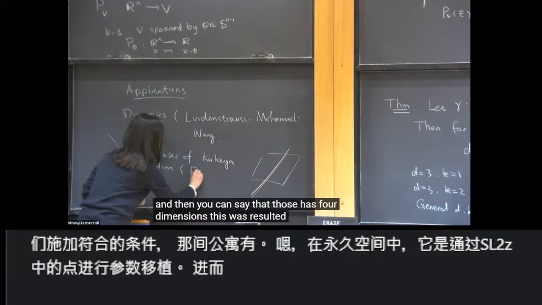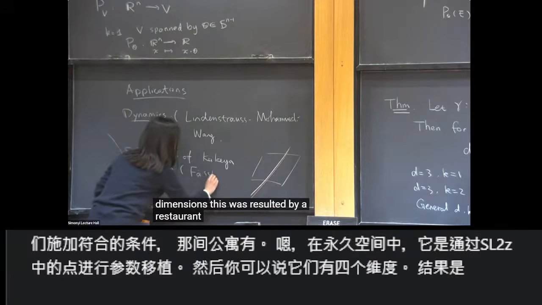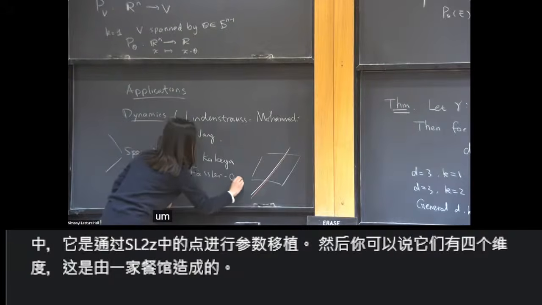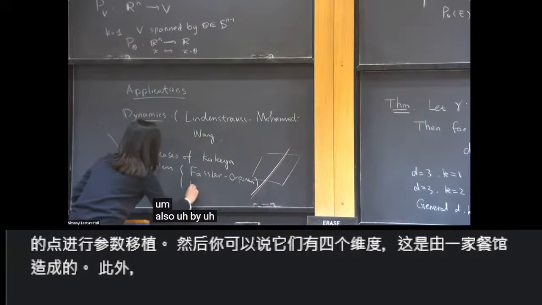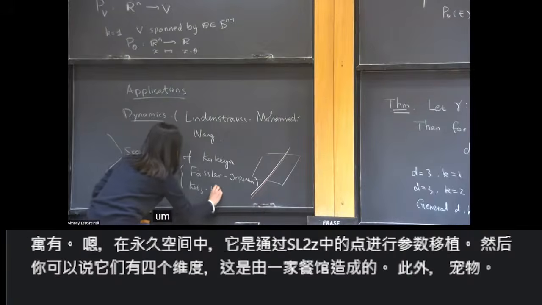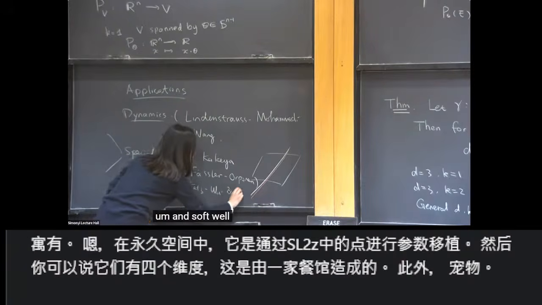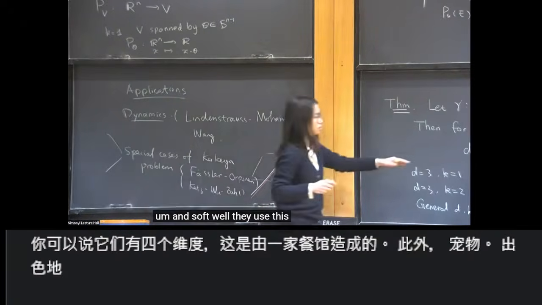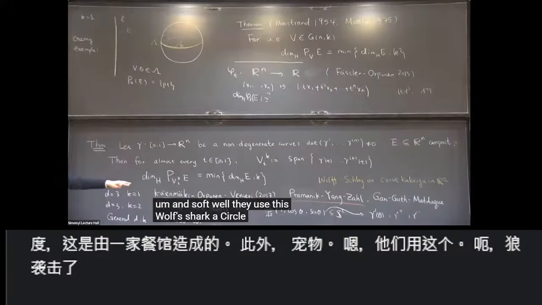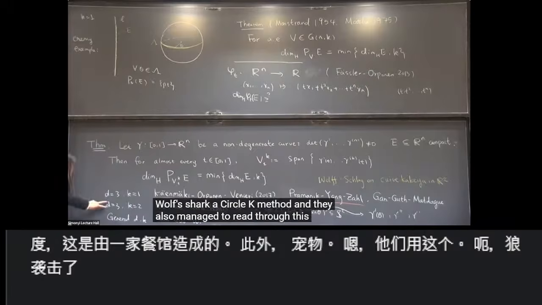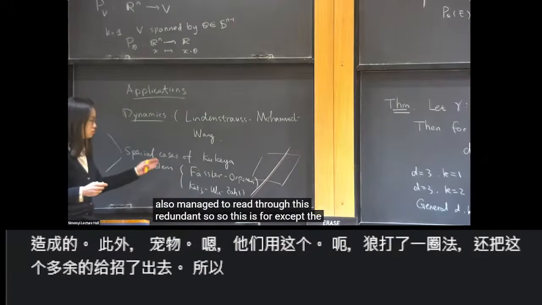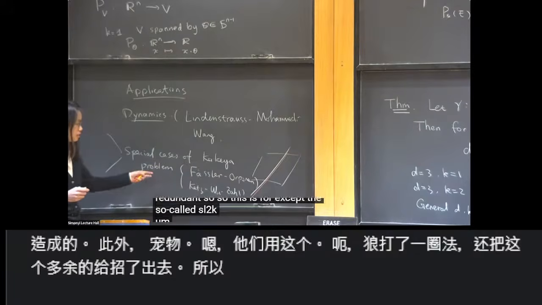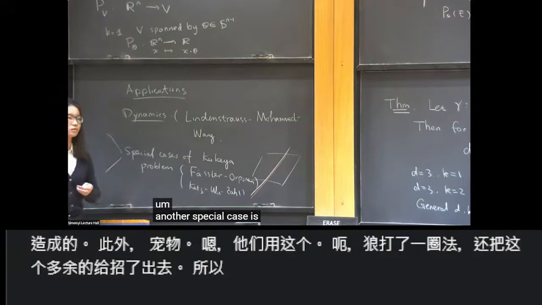This was a result by Foster and Orponen, also by Katz and Zhao. Well, they used the Wolff-Schlag circular Kakeya method, and they also managed to reprove this result. So this is for the so-called SL2 Kakeya set.